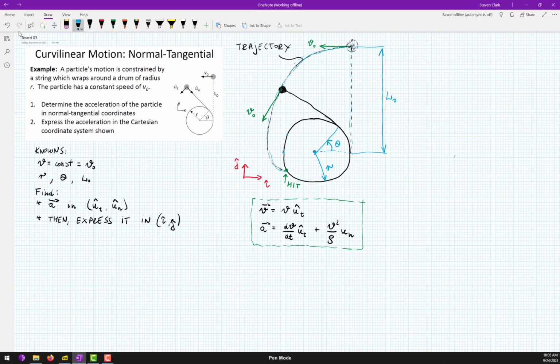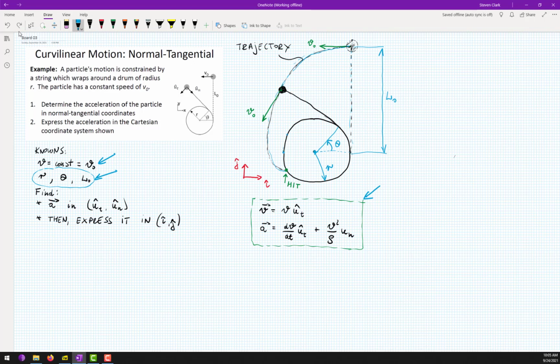So I said about velocity, and I believe that we know all the geometry. We know the radius of the cylinder, we know L0, and there is angle theta defined in here. They ask us to find acceleration using the formulas we just derived, and after we do that, they ask us to bring it to Cartesian coordinate system.